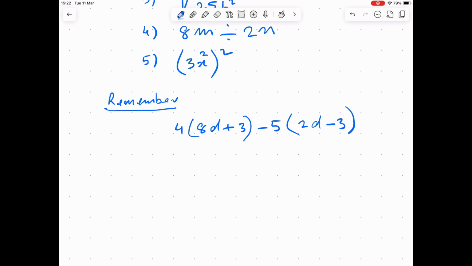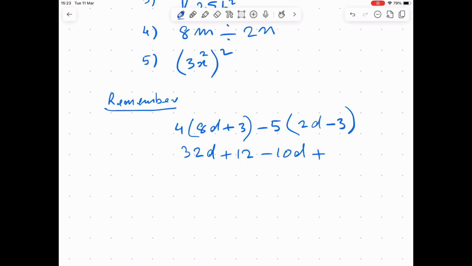All the inside signs will change. And if this is a 3 term, all will change. Like this is 32D plus 12 minus 10D. And now this minus will change to plus because minus and minus. So if you remember that, if there's a minus outside the bracket, change all the signs.